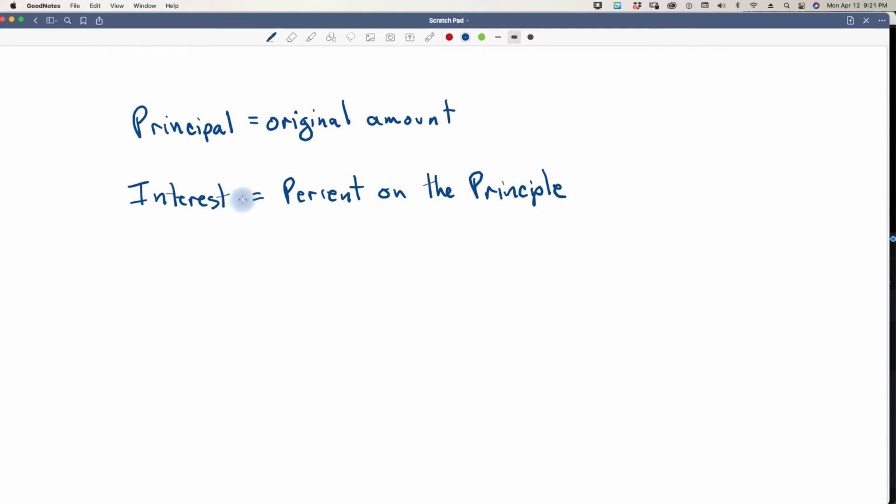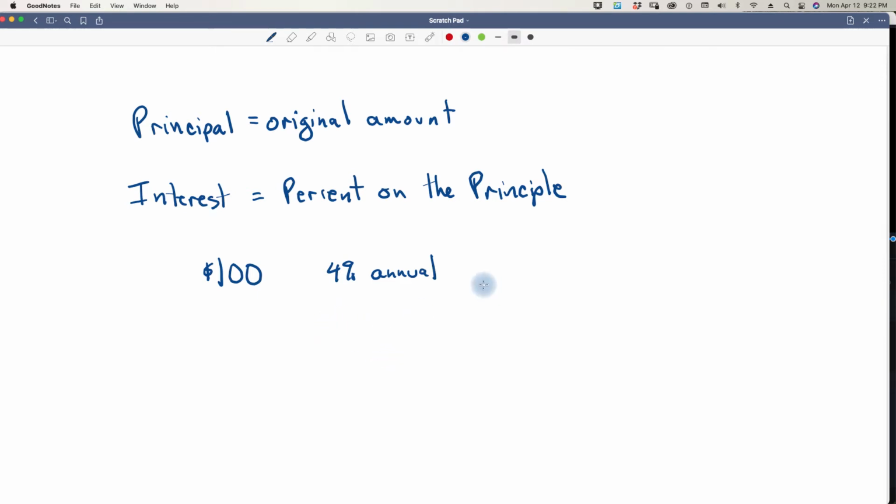Let's say you deposit $100 at 4% annual interest. At the end of 1 year, the bank will give you back your $100 plus 4% of 100, which is $4.